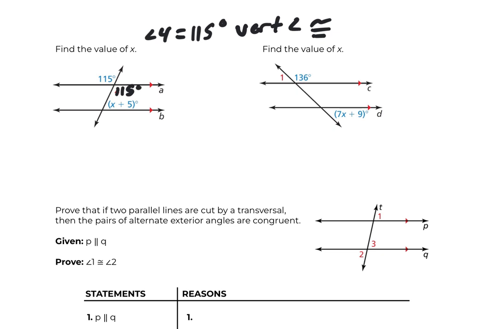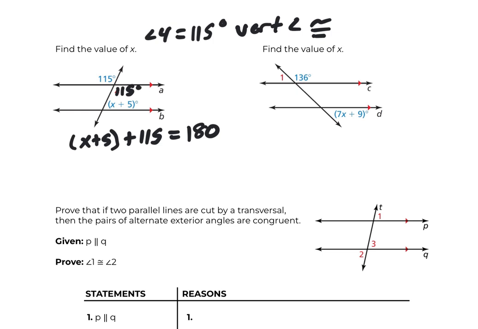And these two together would make what? They're supplementary, right? So there's a couple different ways that you could set it up, okay? But the way I'm going to set it up right here is x plus 5 plus 115 equals 180. Those two angles added together equal 180, okay?